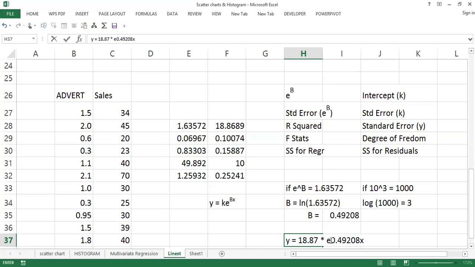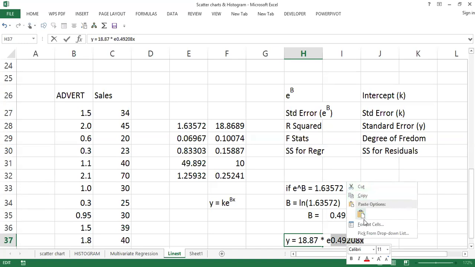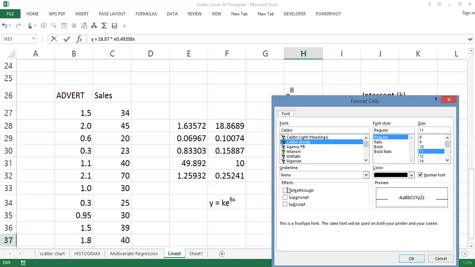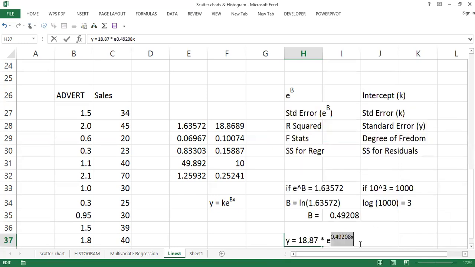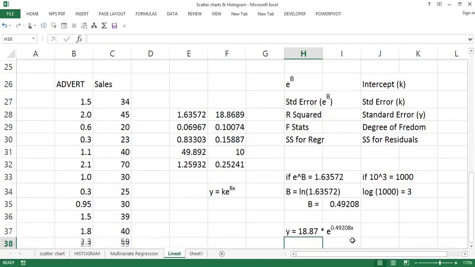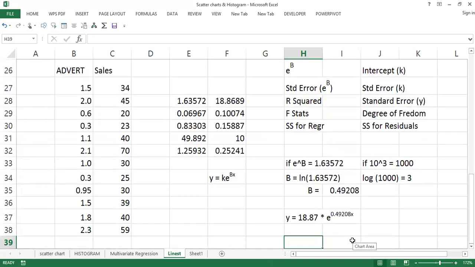This will be a power now. I just want to format it to look exactly the way it's supposed to be. Something like this. This is the model.